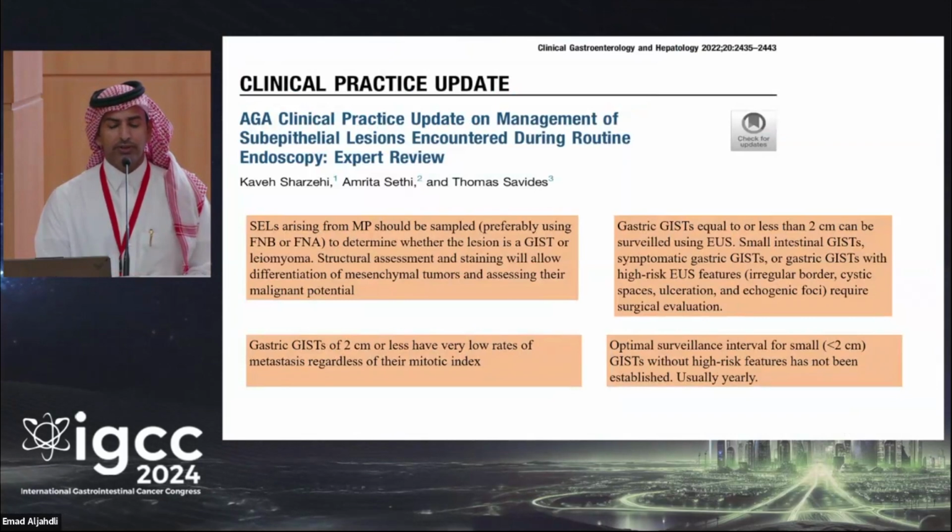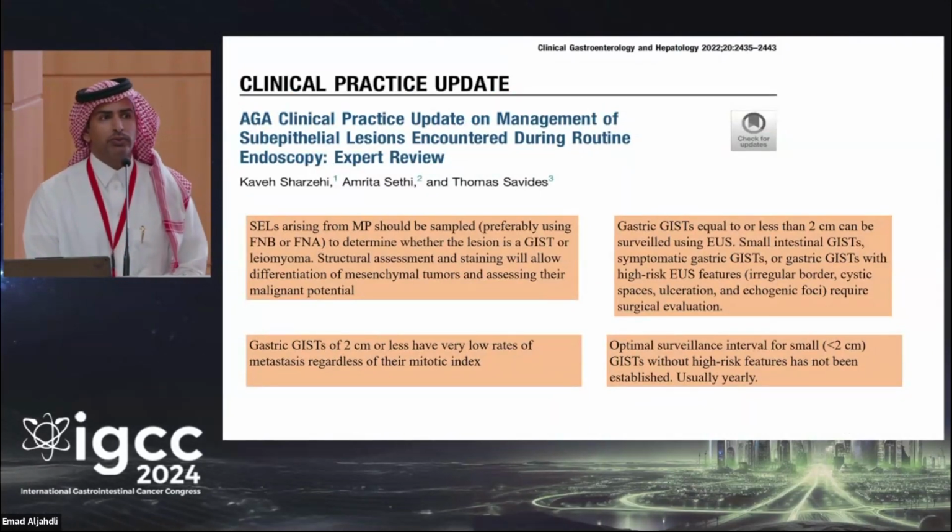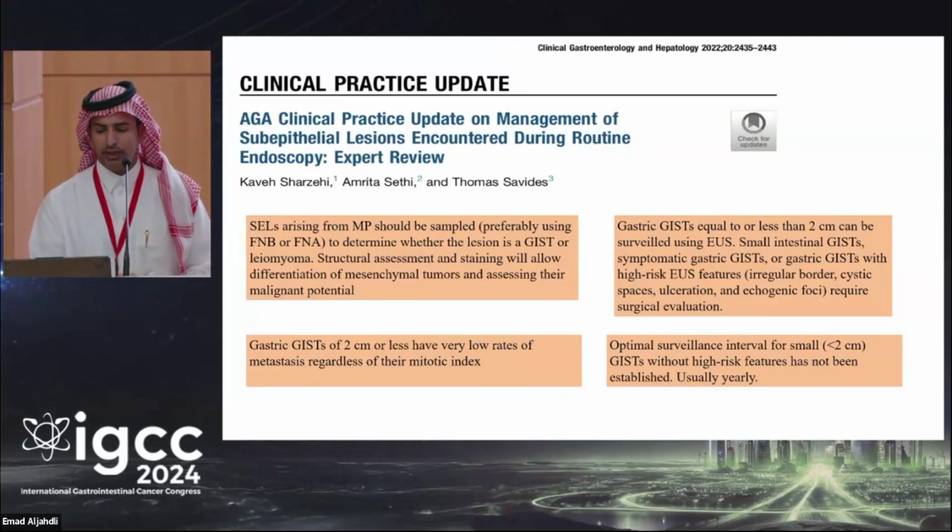Less than 2 centimeters has a low rate of metastasis regardless of the mitotic index, and you need surveillance, or you can also remove it with the advancement we have in endoscopy.